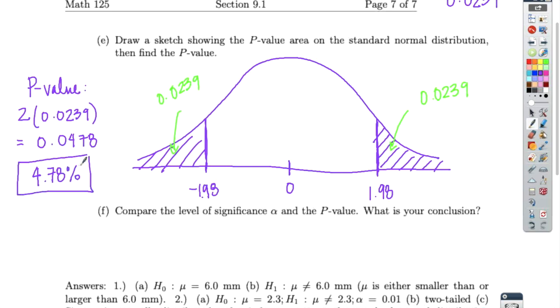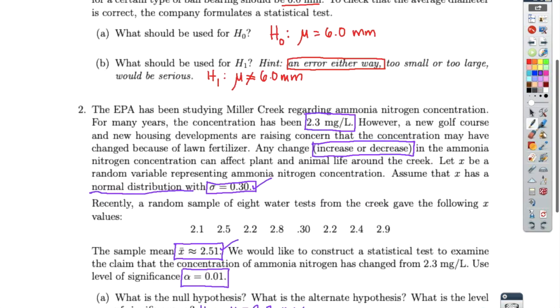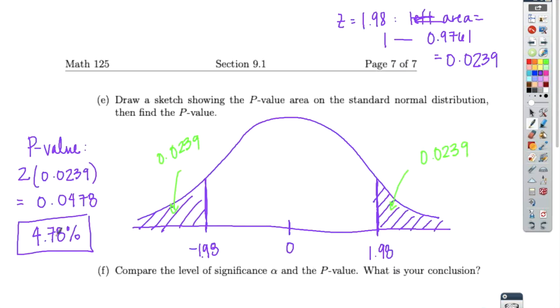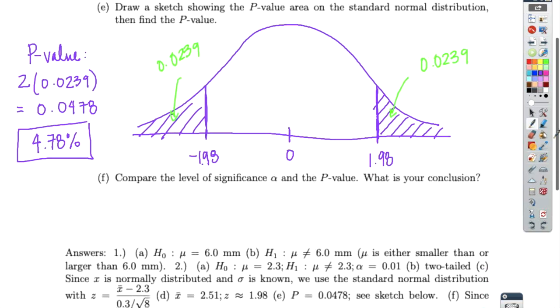Basically a 4.78% chance that these 8 data values would happen given that the mean is 2.3 milligrams per liter. So pretty low probability. There's just a shade under a 5% chance that our data makes sense with that 2.3 population mean.